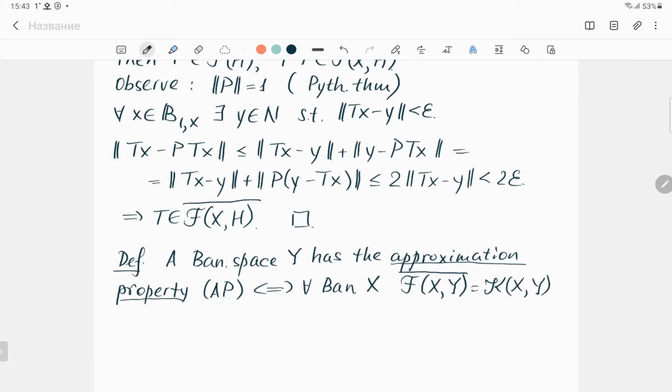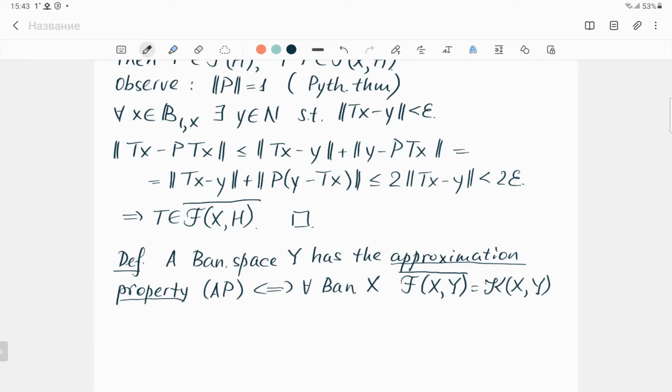So what we've just proved is that any Hilbert space has the approximation property. So Grothendieck introduced this notion at the beginning of the 1950s. He gave several equivalent characterizations of the approximation property. He has found many relations between the approximation property and some other problems in functional analysis.